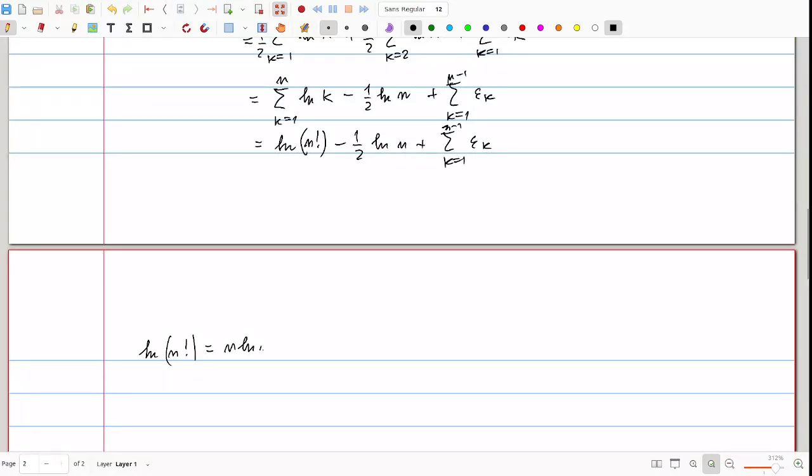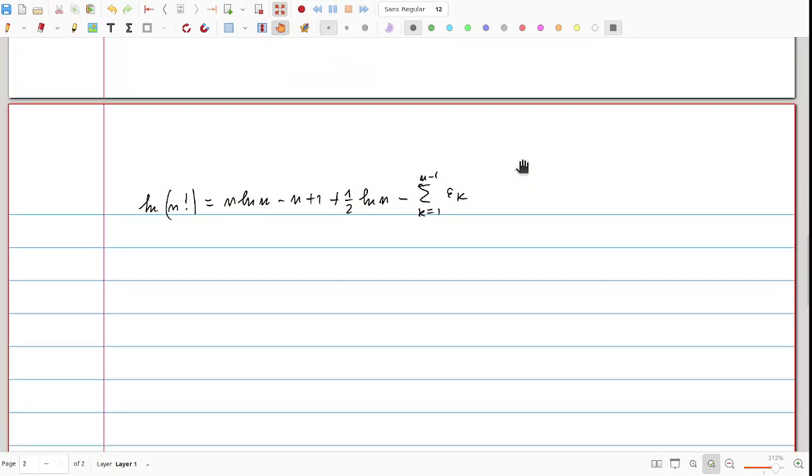n log n minus n plus 1, and then we have to subtract this, so plus 1/2 logarithm of n minus the sum as k goes from 1 to n minus 1 of epsilon k.